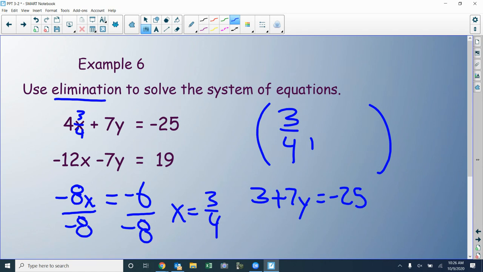Subtract 3. I'm looking at 7y equals -28. Divide by 7, we're looking at what? -4, is that right? Now, there's some joy in Mudville there.